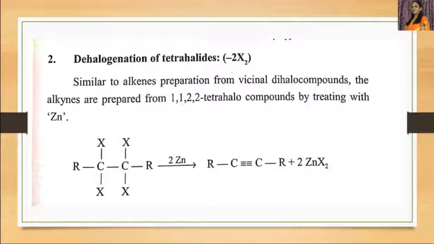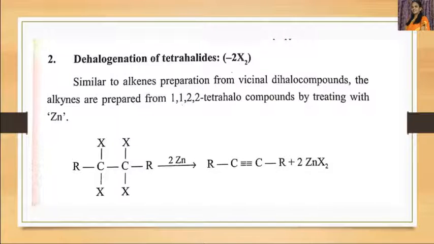This Zn takes this X2 and another X2, giving 2 ZnX2. Halogen atoms are removed by alcoholic zinc dust to form an alkyne, with a carbon-carbon triple bond, which you can see easily here. So this is a general example for the dehalogenation of tetrahalides to form alkynes.